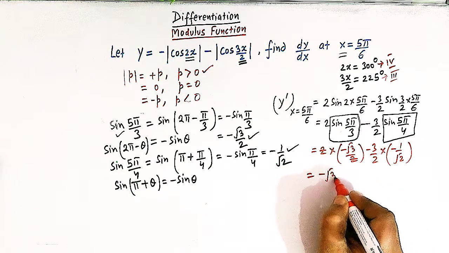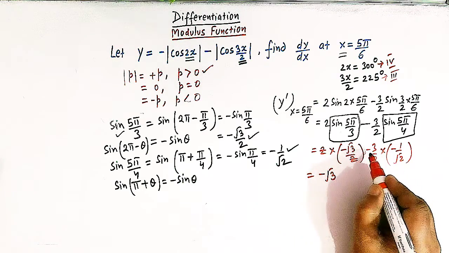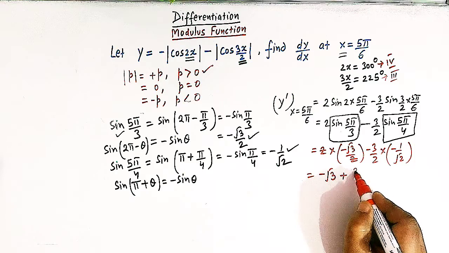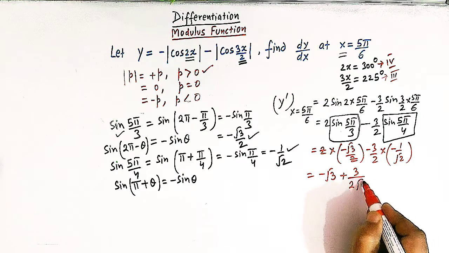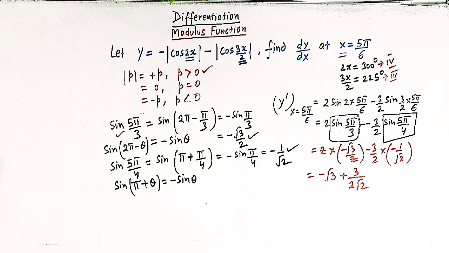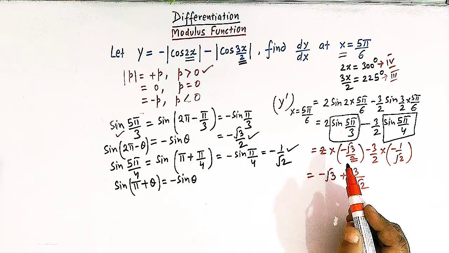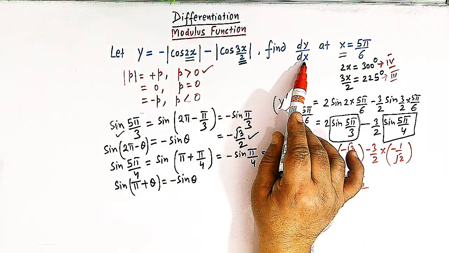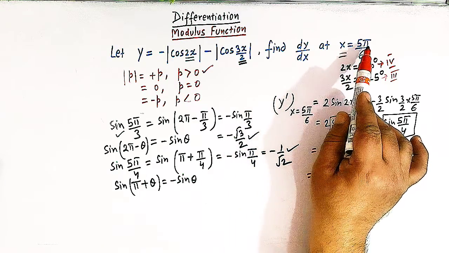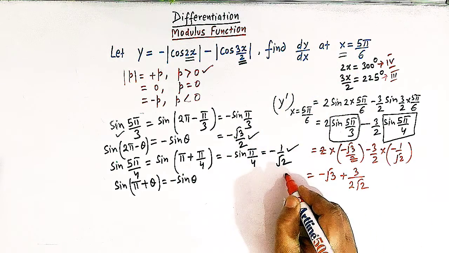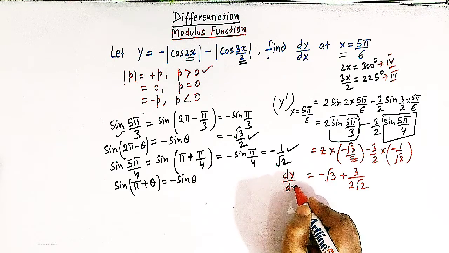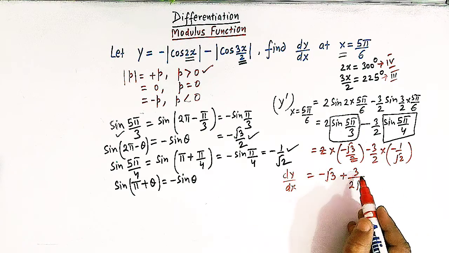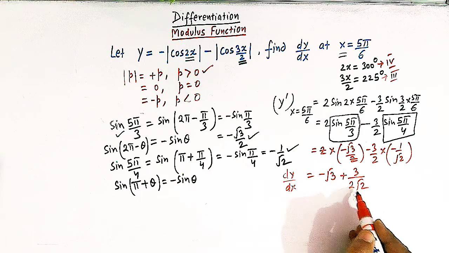So we have minus square root of 3, minus times minus, this is positive, and we have 3 over 2 times square root of 2, right? So the value of the derivative of y with respect to x at x is equal to 5 pi by 6 is given by this expression, that is minus square root of 3 plus 3 over 2 times square root of 2.